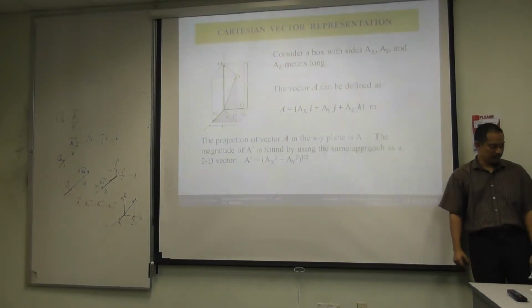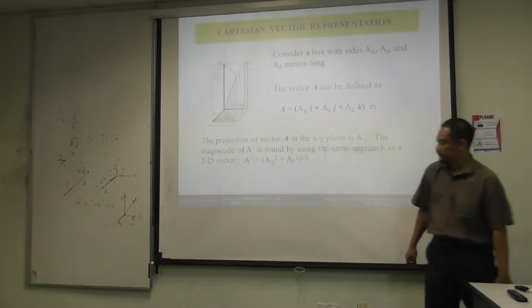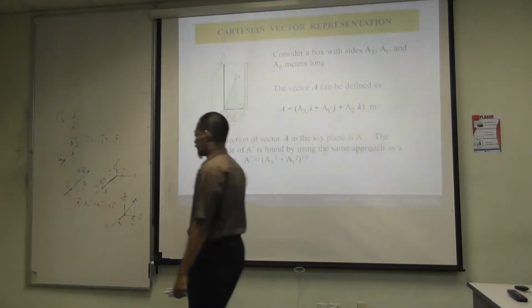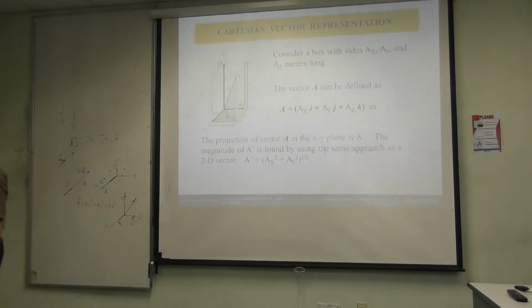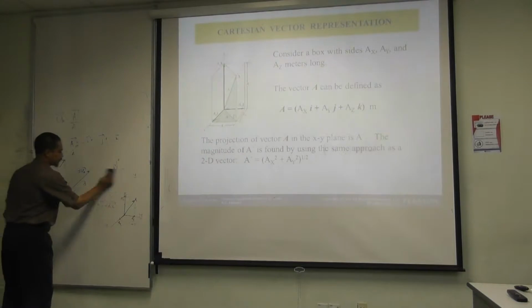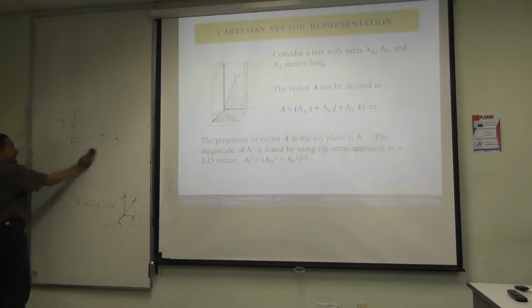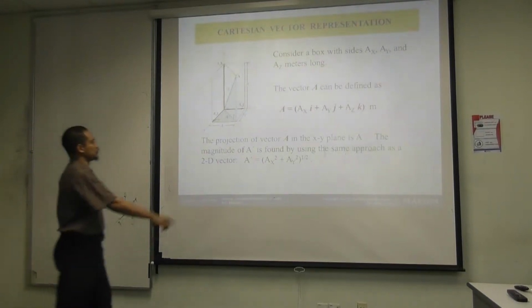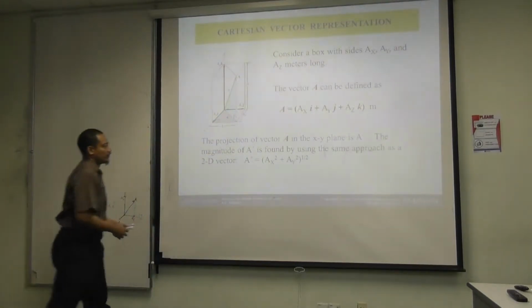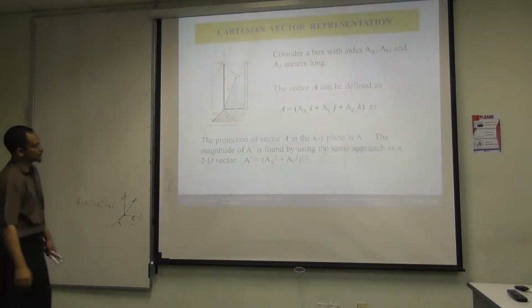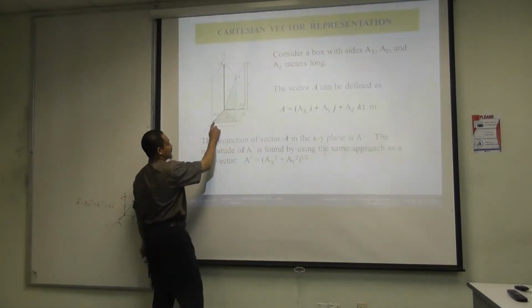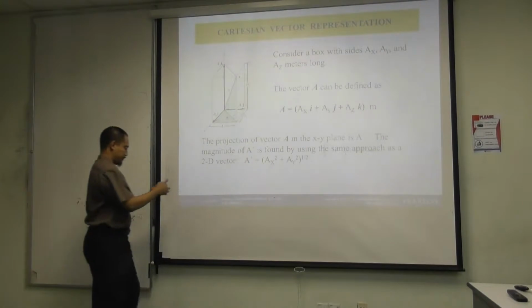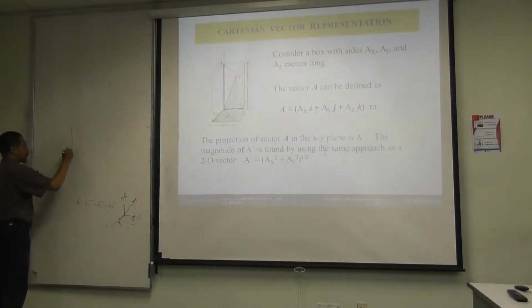Okay. Here it is basically deriving an equation. If we take a look at the gray triangle, if you look from the top, it will be something like this.